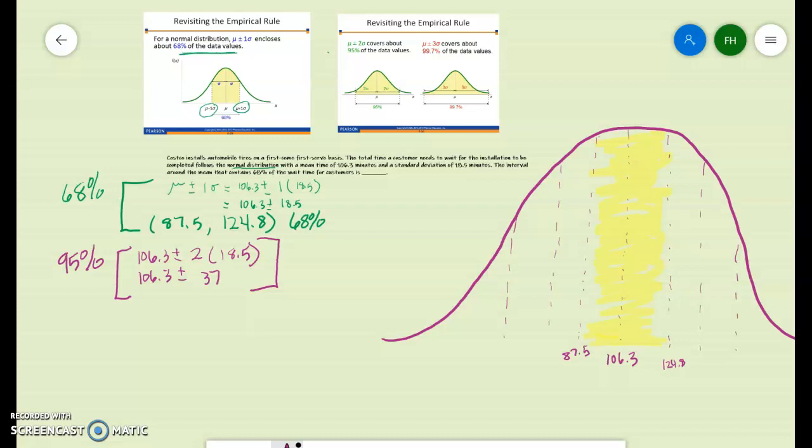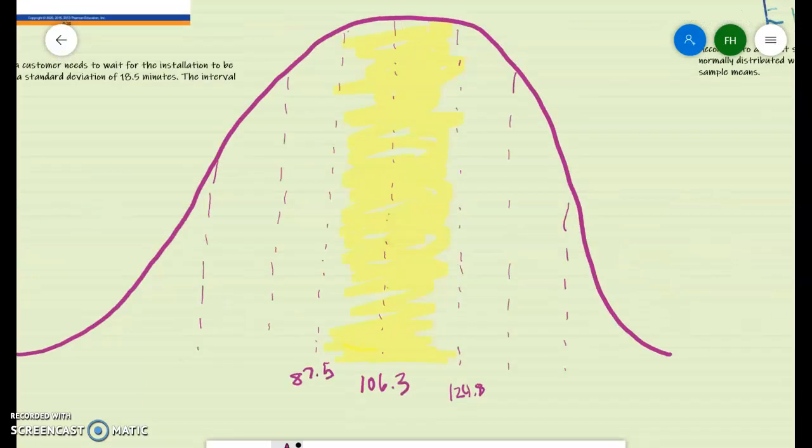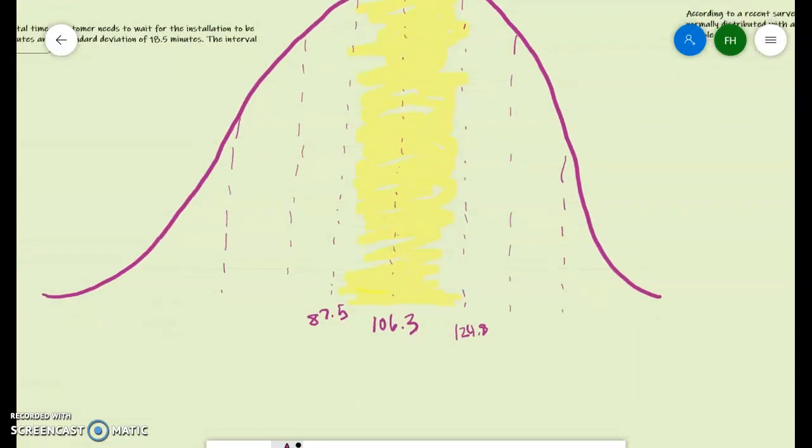So when I add and subtract 37, my interval is going to be 106.3 minus 37, which would give me 69.3, and then 106.3 plus 37 would give me 143.3.